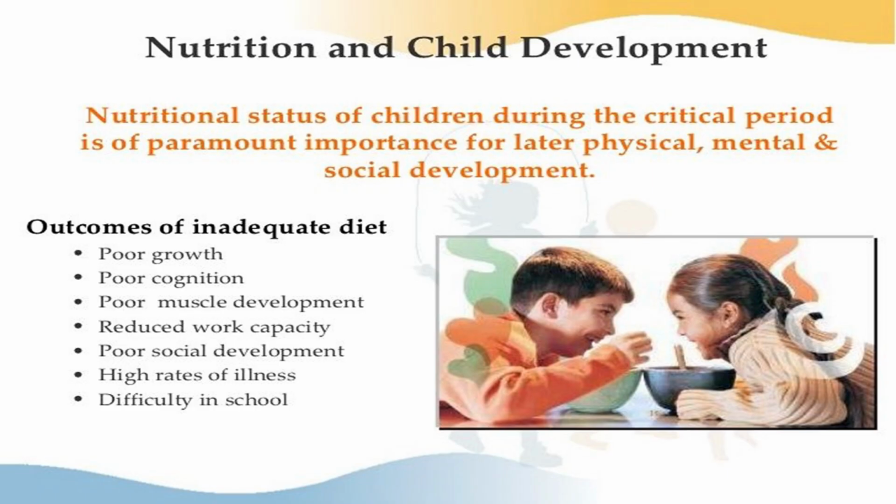Secondly, you may have poor cognition, that means poor understanding, which will naturally affect your working ability. Then proteins. Proteins are required, you all know, for muscle development. So, if you are not taking nutritious food in your life, you will see that the muscle development is poor in your body.